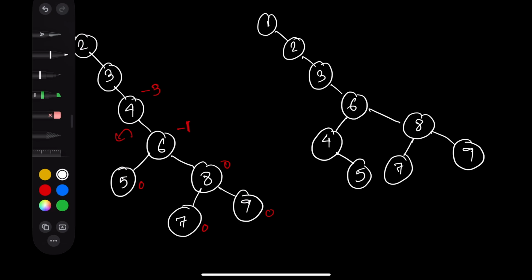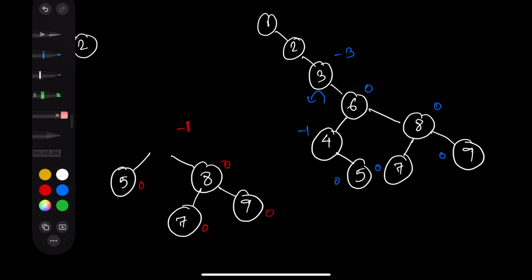Again 0 0 0 0 -1, and it is 0, it is -1. Sorry, not -1, it would be -3 again. So now we have to do the left rotation here as well. So let's see.